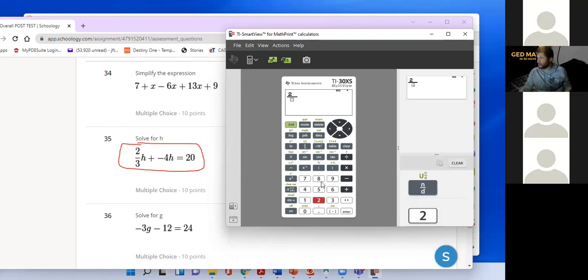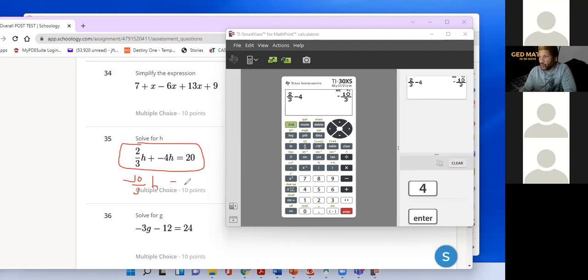2/3 -4. So you get -10/3. So you get -10/3 h equal 20. Right? Then what you should also notice, what I just told you, if you have a fraction as a coefficient, in order to get the variable by itself, you can then multiply by its reciprocal.